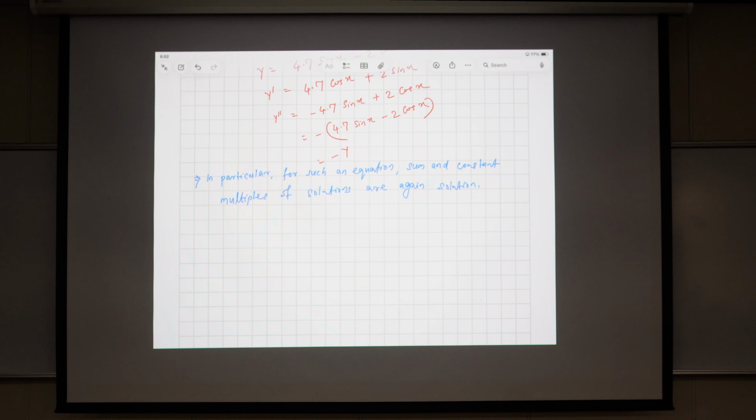That means when we have multiple solutions and add them by putting any constants, it also gives the same kind of solutions. This is the basic concept.